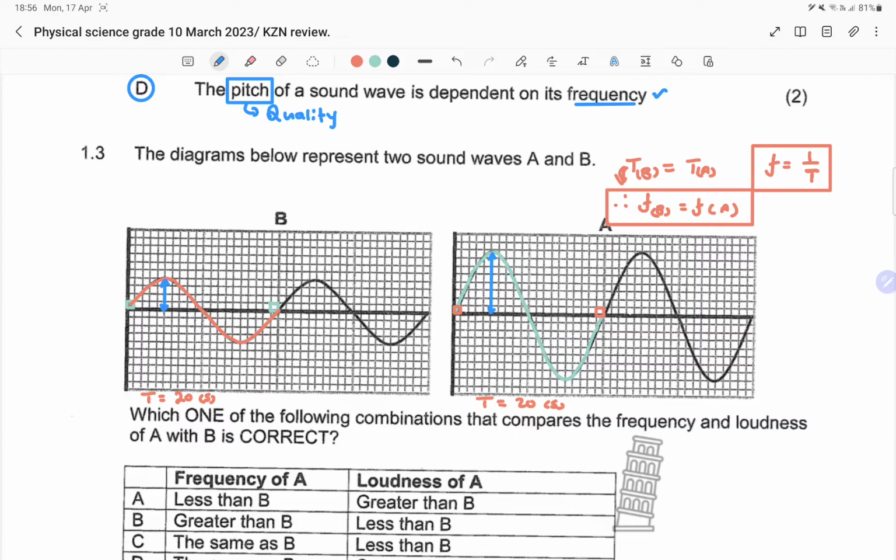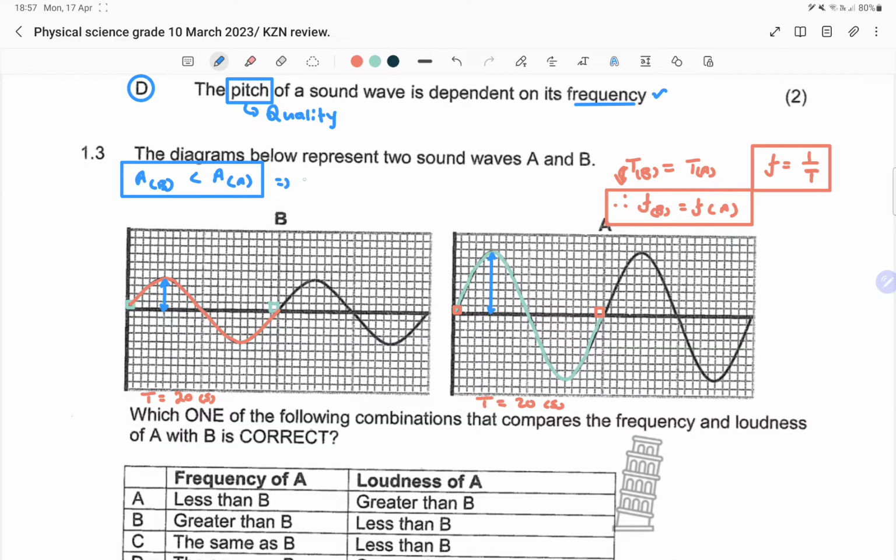So if we say, for example, I'll just use A for amplitude, the amplitude of B is less than the amplitude of A. Now what do we know about amplitudes? Amplitudes are related to loudness.